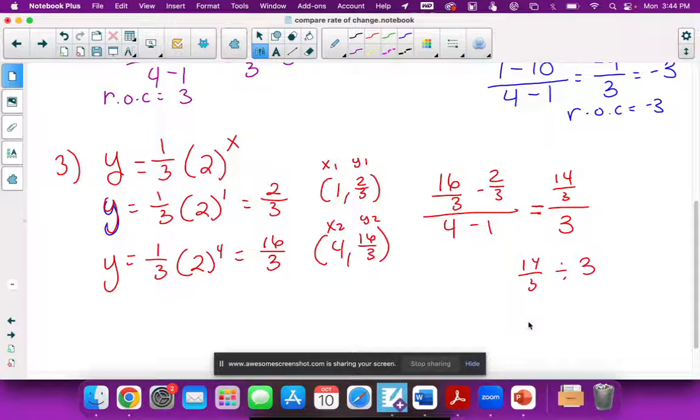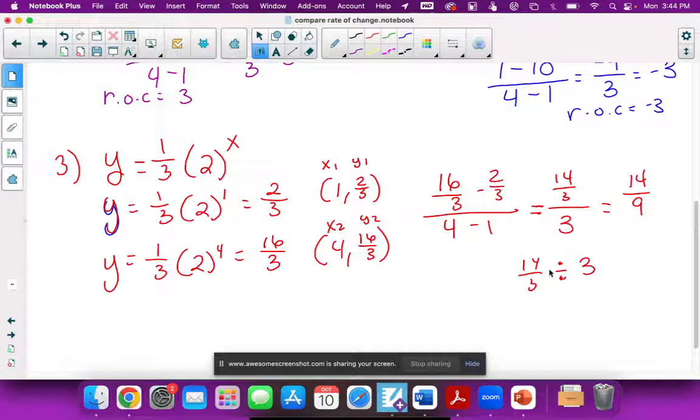And that works as well. Should come out to 14/9. And again, leave the fractions the way they are. They're much easier to work with, and they're much more exact this way. Instead of trying to do repeating decimals, you're not going to get your right answers.